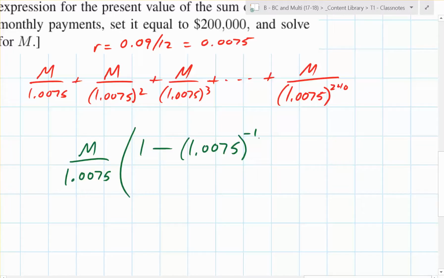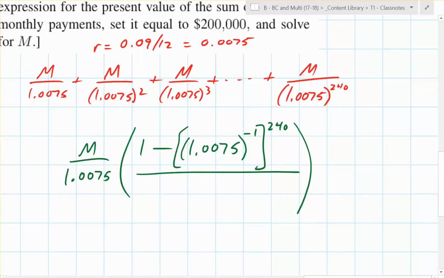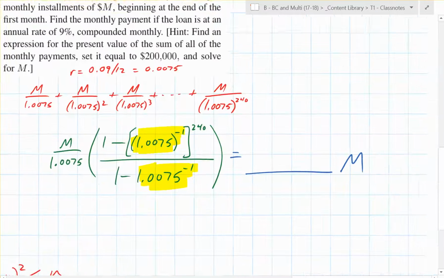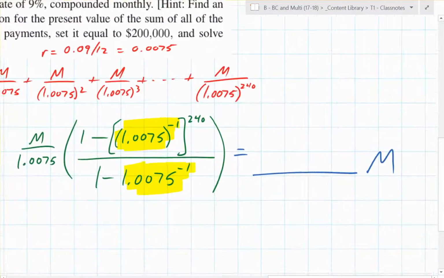And what power are we raising this to? The 240th power. And what's all of this over? 1 minus 1.0075 to the negative 1, the ratio. This is equal to something times M. Find it out using your calculator right now. Go to 3 decimal places, please.